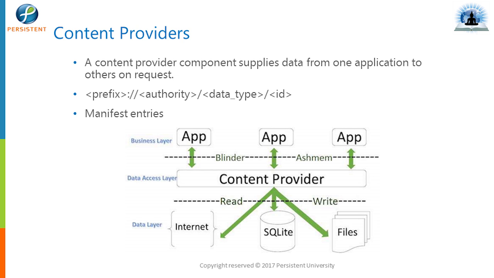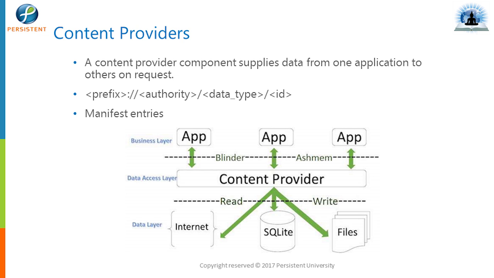To query a content provider, you specify the query string in the form of a URI: prefix, authority, data type and ID. Prefix is always set to content://. Authority specifies the name of the content provider, for example, browser, contacts, etc. For third-party content providers, this could be a fully qualified name such as com.tutorialspoint.statusprovider.